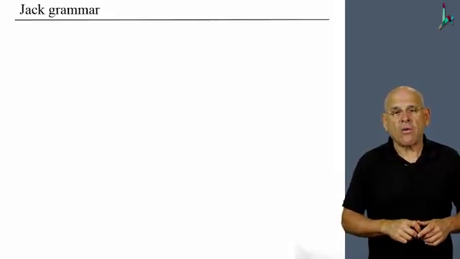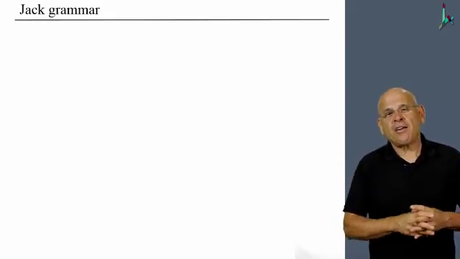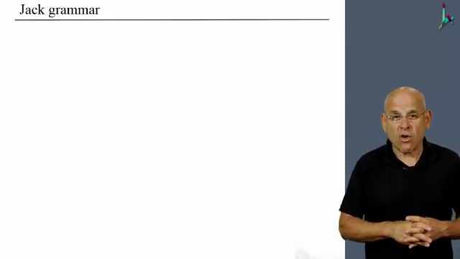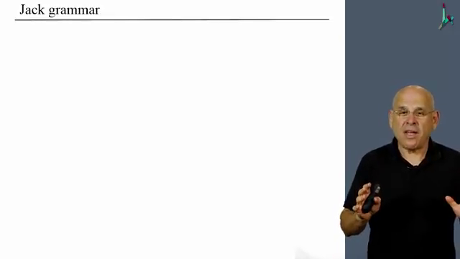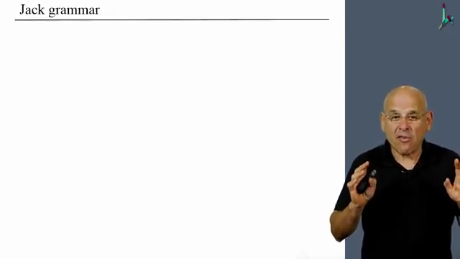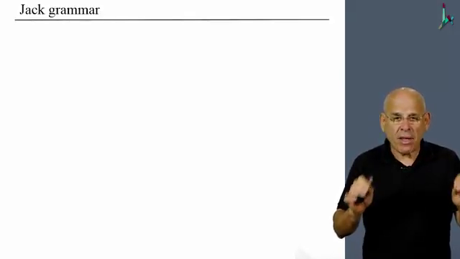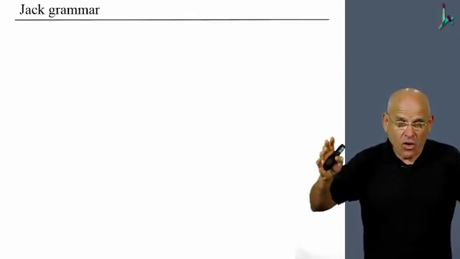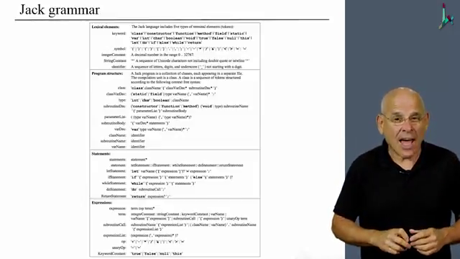All right, so with that in mind, I'd like to now unveil the entire Jack grammar in all its glory. Before I do so, I want to warn you that it may look a little bit forbidding. But the good news is that the only reason it looks forbidding is because I condensed it to a size that will fit on one slide.